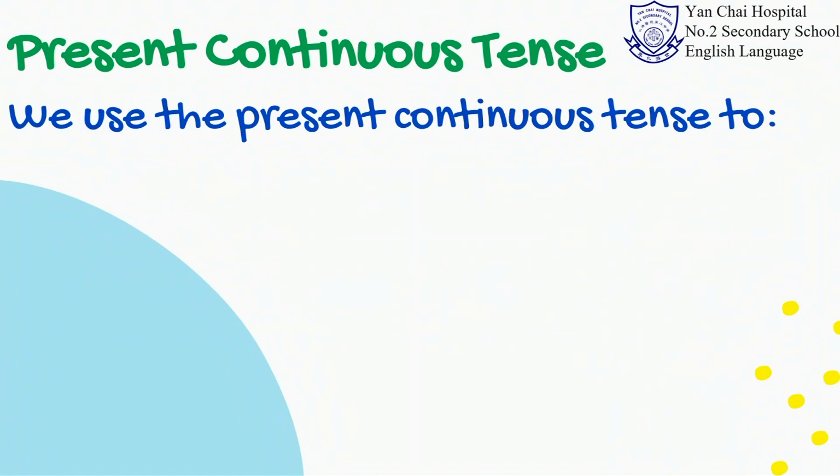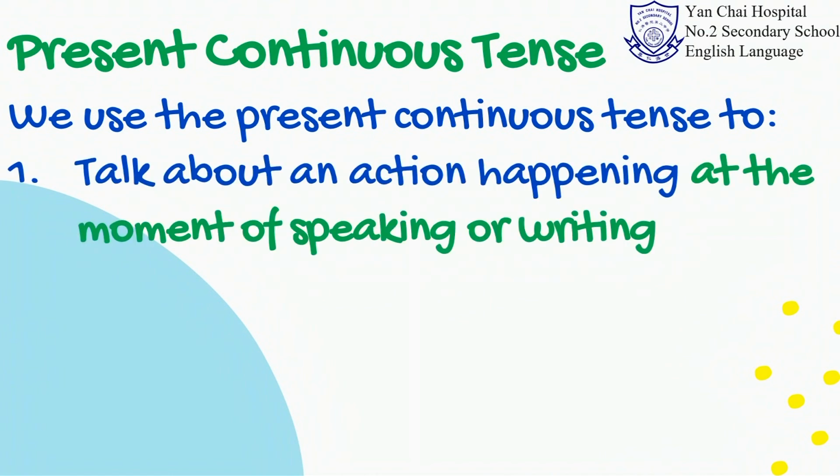We use the present continuous tense to talk about an action happening at the moment of speaking or writing.